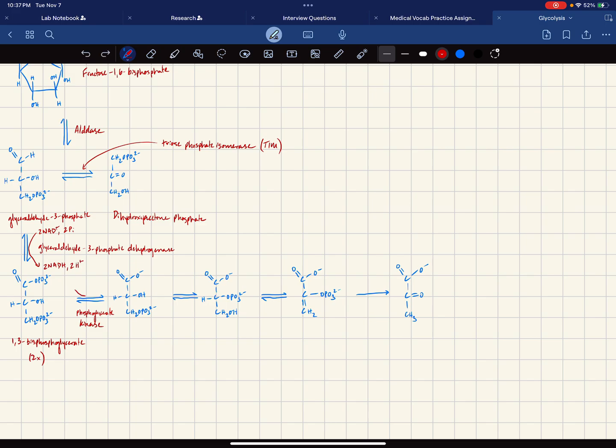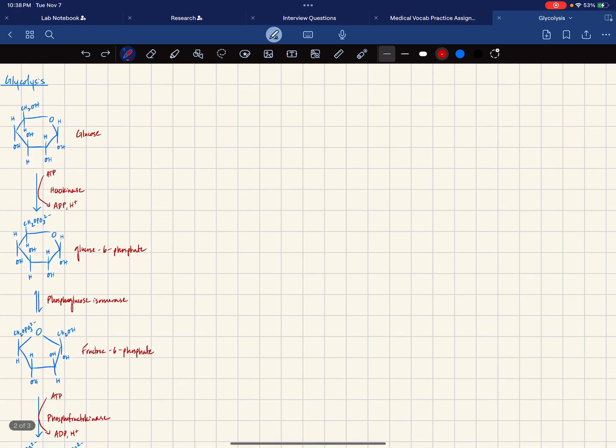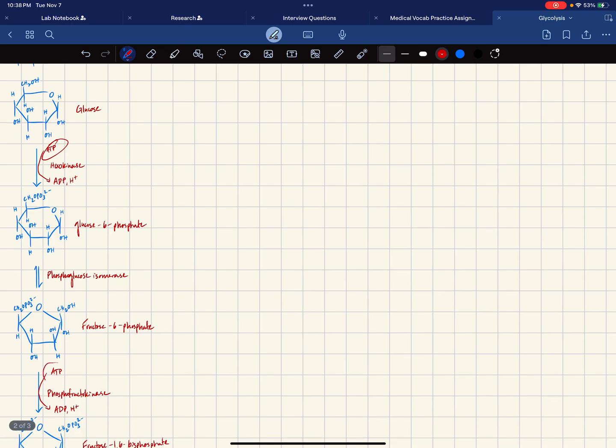So we're taking two ADP and making two ATPs. This is a really important reaction, and there are two action center questions that focus on this. Without this reaction, we can't pay back the two ATPs that we invested into running glycolysis.